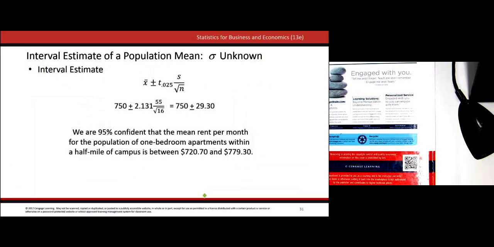So we are 95% confident that the mean rent per month for the population of one-bedroom apartments within a half mile of campuses is between 720.7 and 779.3.